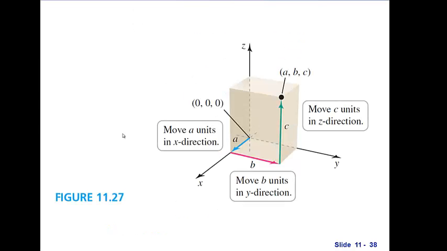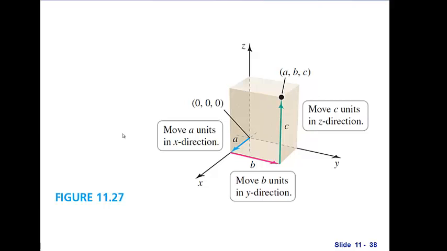Now, how do we find a point in the XYZ coordinate system? The point where all 3 axes intersect is called the origin, and it has the coordinates 0, 0, 0.